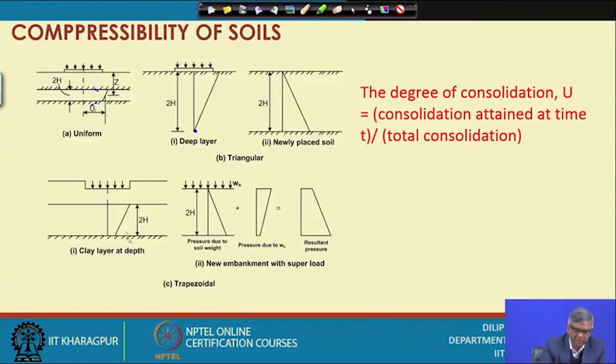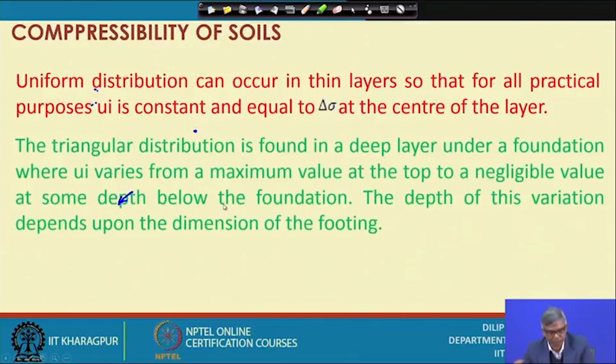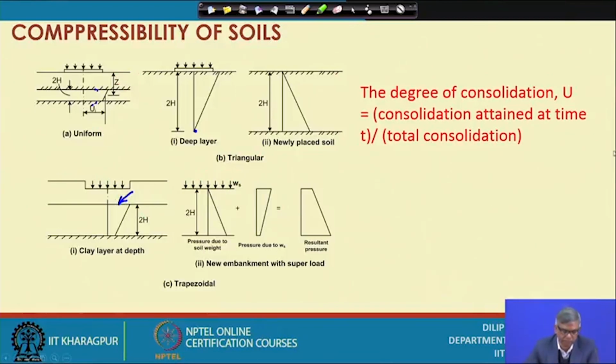And suppose there is a thick layer and load is applied here, obviously there will be a trapezoidal distribution, more here and less here. In the other case, suppose a newly constructed embankment with some loading: because of this load, pore pressure is like this, and because of the newly deposited soil, pore pressure will be like that, similar to this only.